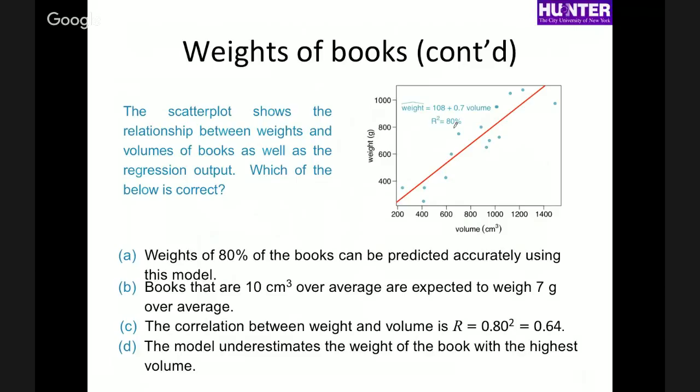Make it easy, pick one out that's definitely wrong. The last one, the volume underestimates the weight of the book with the highest volume. That's right, that's definitely wrong. It actually overestimates the weight of this one. So that's wrong.